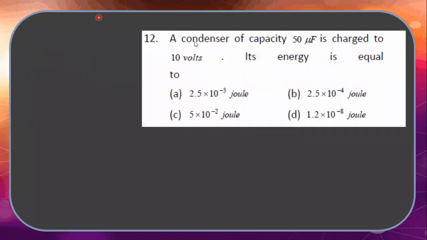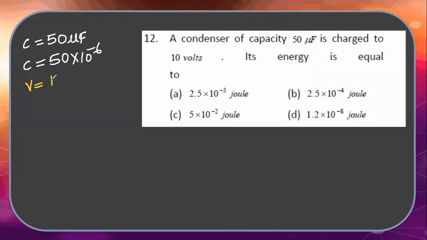Next. A condenser of capacity 50 microfarads is charged to 10 volts. C is equal to 50 into 10 power minus 6, charged to 10 volts.